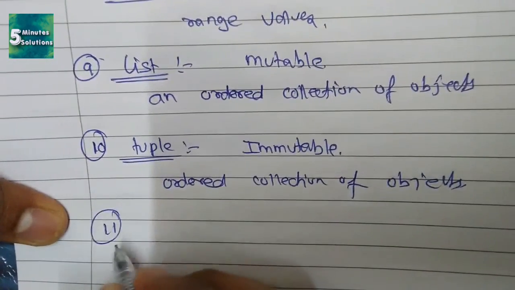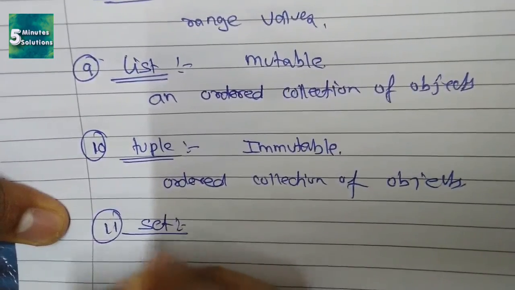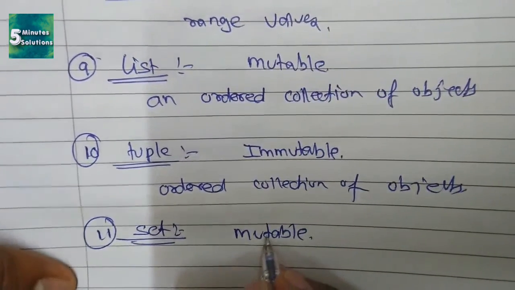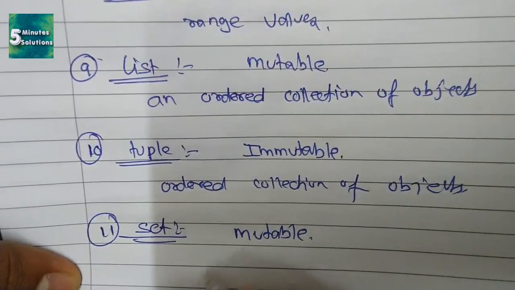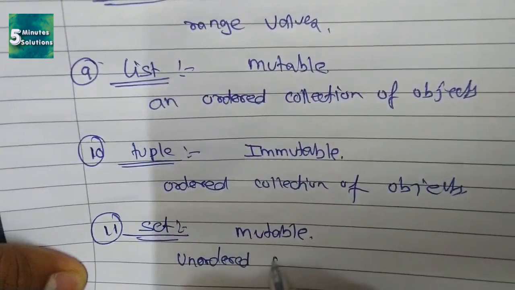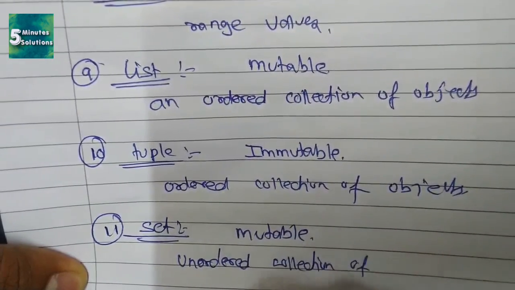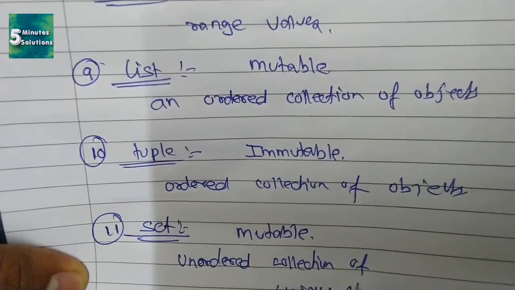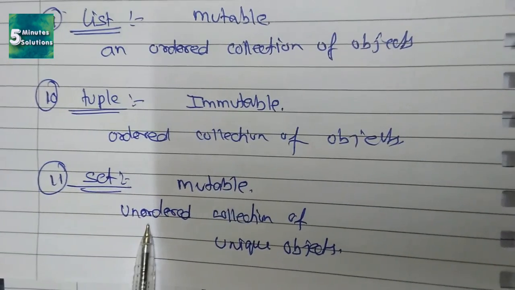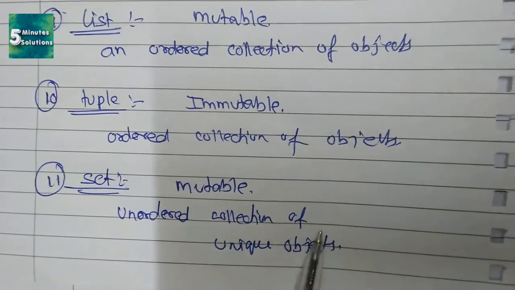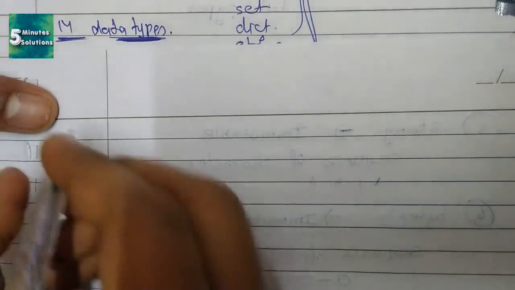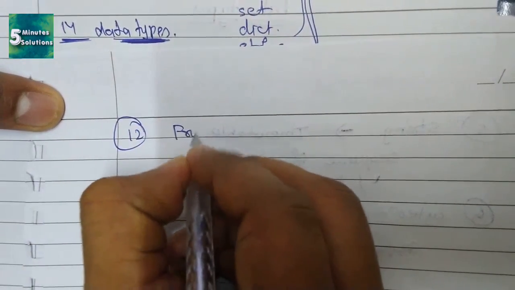11th one is set. Set is mutable. Just remember which one is mutable and which one is immutable. Set is used to represent an unordered collection of unique objects. 12th one is frozen set.